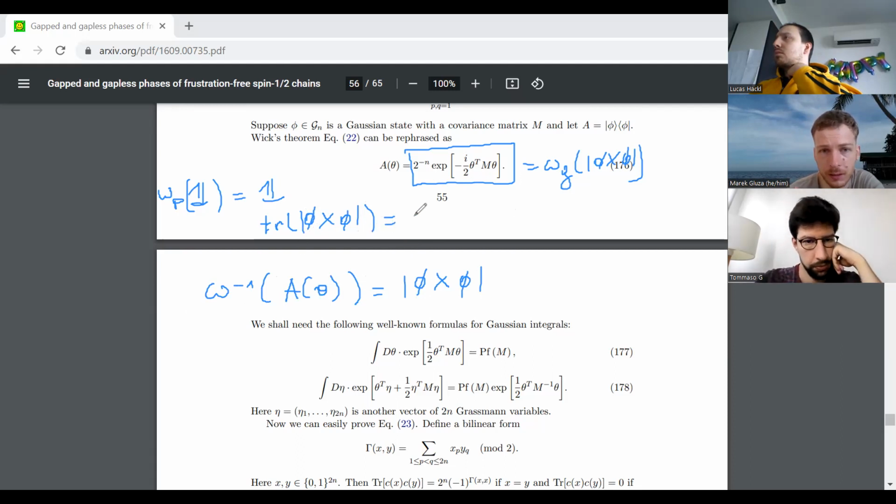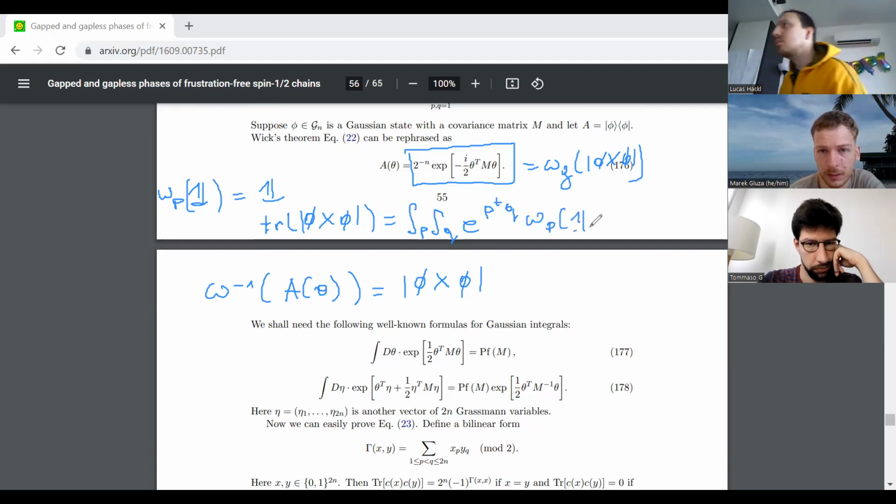This trace we can compute as the integral against p and q, then the kernel, which is doing the contraction, and then omega p of identity, and omega q of the state phi.